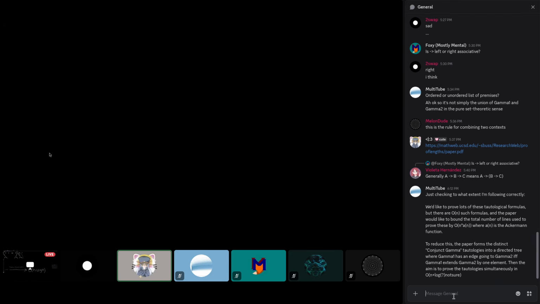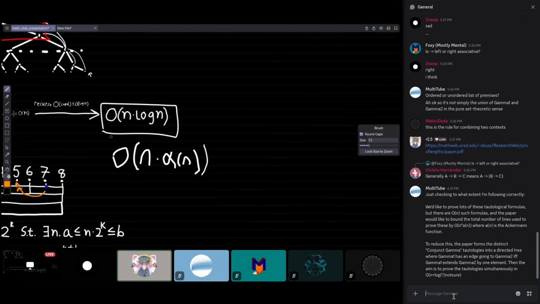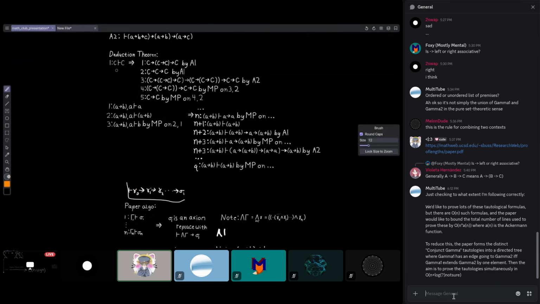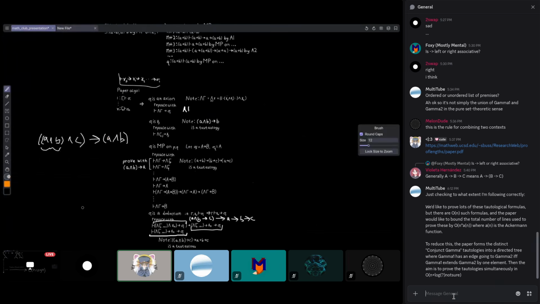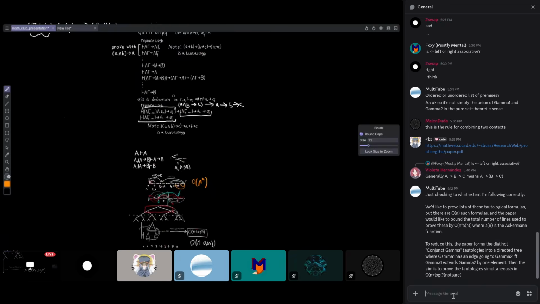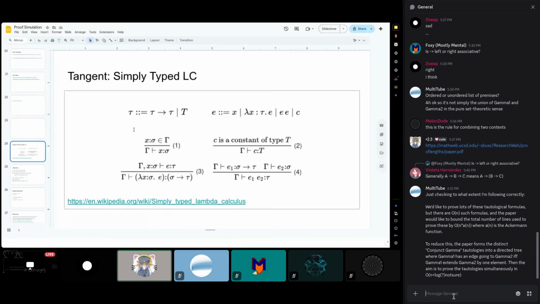So what else can you do with this proof, that any proof written in a nested deduction system can be simulated almost linearly in a Hilbert system? Well, if you look at the simply typed lambda calculus, or just the normal lambda calculus, here are the type deduction rules for simply typed lambda calculus.